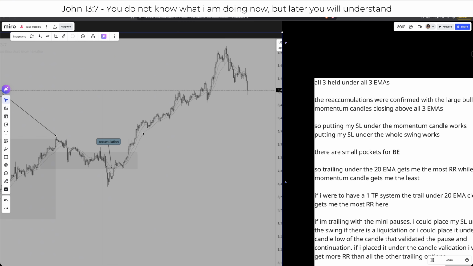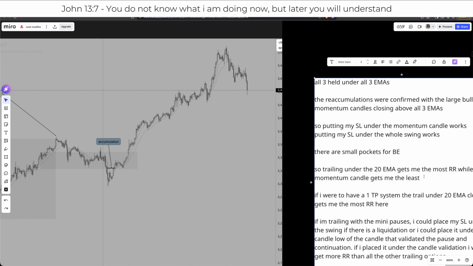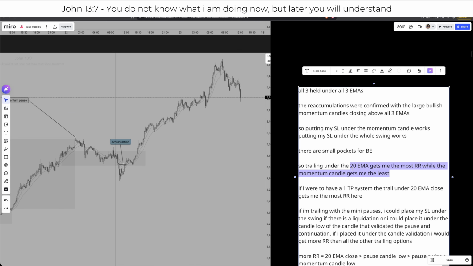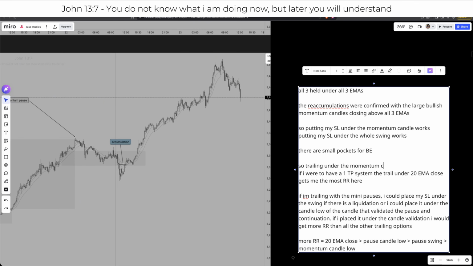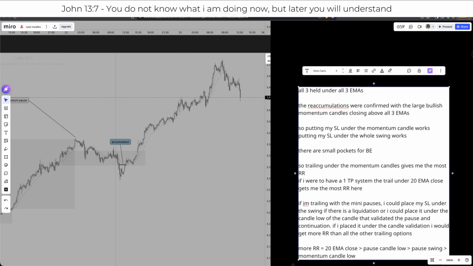There's no momentum candles really till here. So trailing under the momentum candles gives me the most RR.